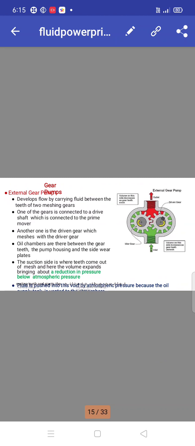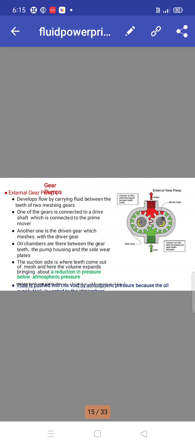Gear pumps, external gear pumps. It develops flow by carrying fluid between the teeth of two machined gears. One of the gears is connected to the drive shaft, which is connected to the prime mover.